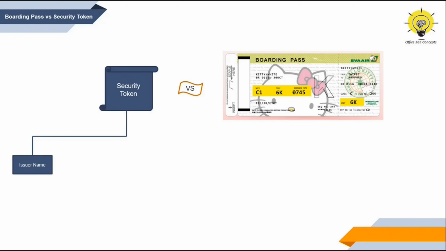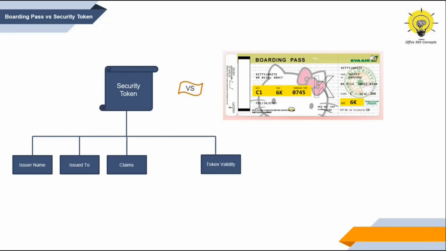It contains the name of the application to whom this token is issued. It has the details of the claims. It has the timestamp of when this token was issued and until what time this token is valid. And it includes the token signing certificate that was used by the ADFS server to sign this token.